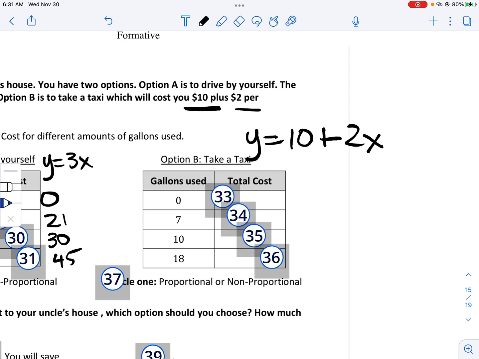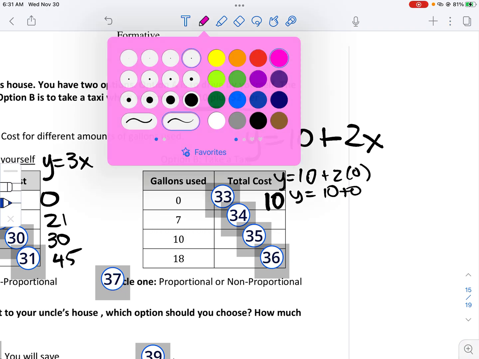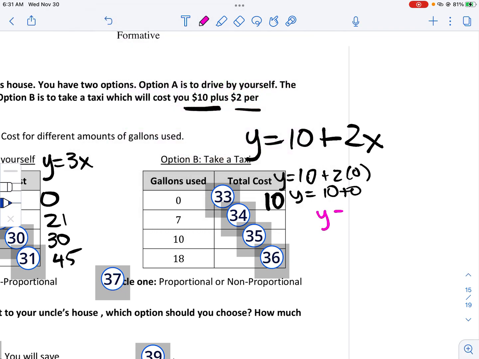If I plug it in, I would get y equals 10 plus 2 times 0. So that would get me 10 plus 0, which is 10. Change my color for the next one. This next one, I would get 10 plus 2 times 7, which would get me 10 plus 14, which is 24.